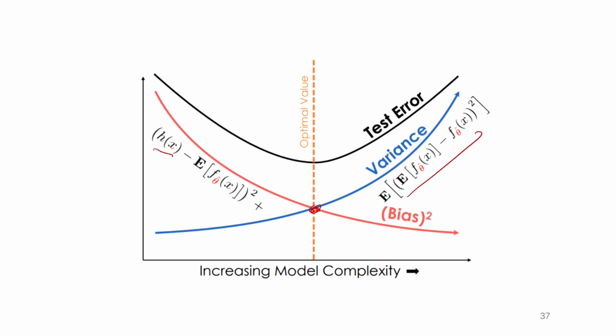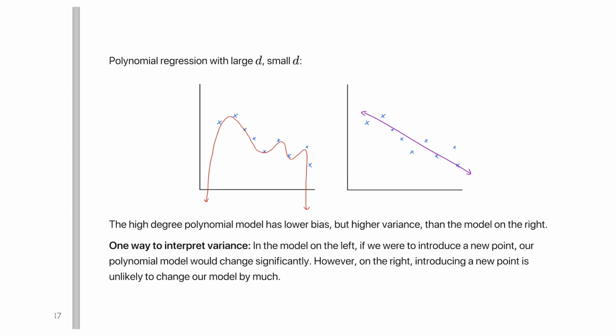So if I give you a 15-degree polynomial and ask you to train it on 10 points, and I give you 9 of the same points and one other point, it's very likely that your 15-degree polynomial is going to change quite a bit because you fit it exactly to the data. Okay, cool.